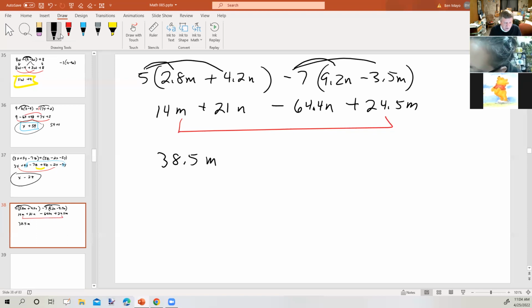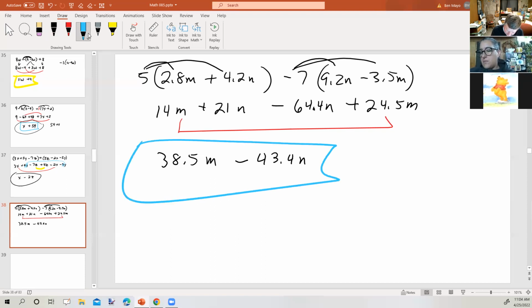And then plus 21n minus 64.4n is minus 43.4n. Careful that you don't get your m's and n's mixed up. Any questions there?